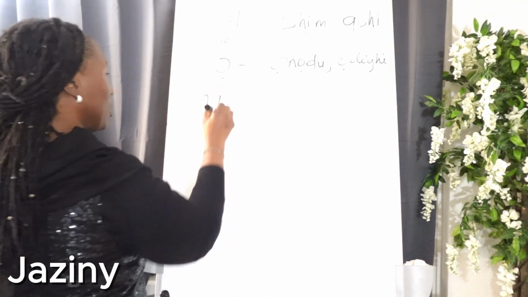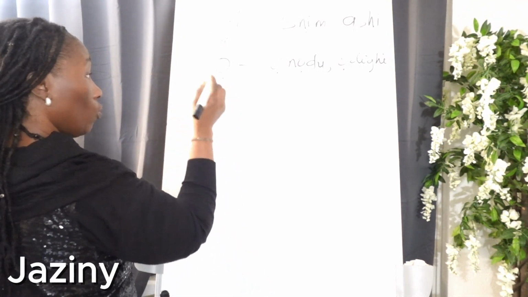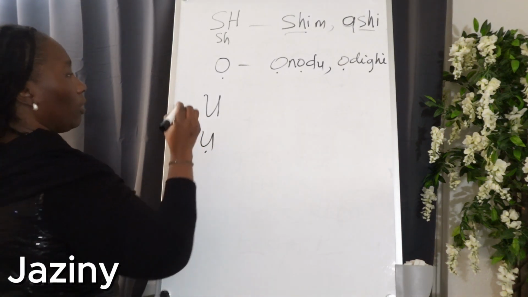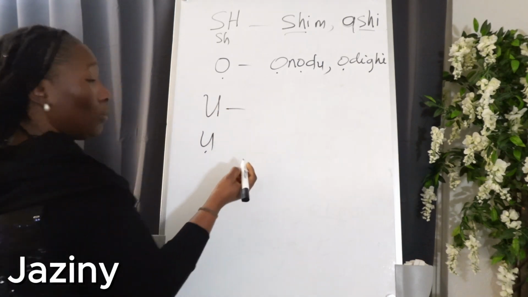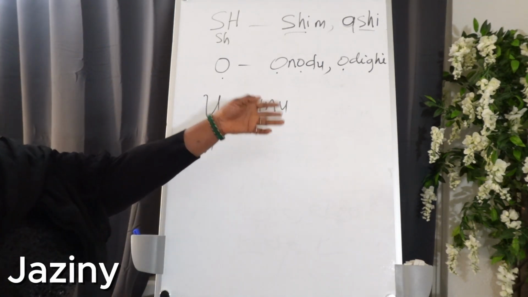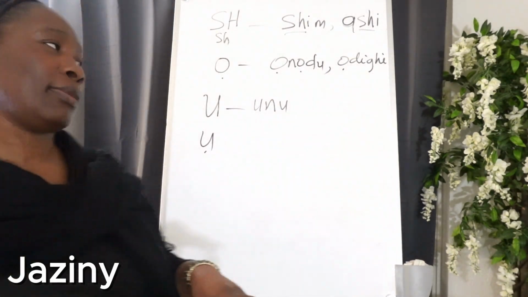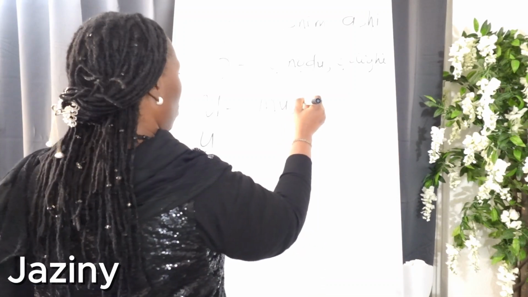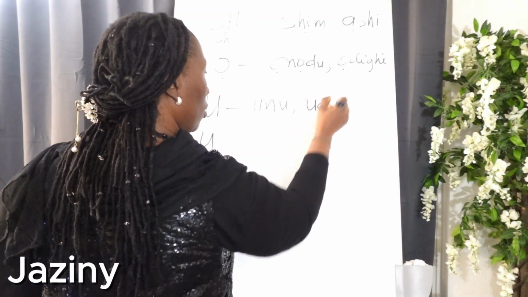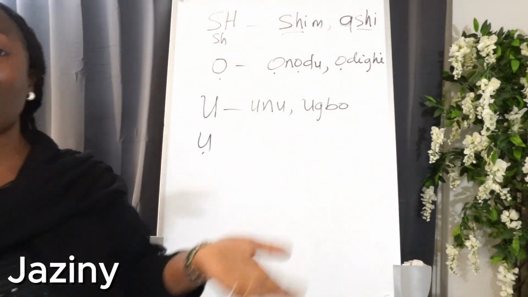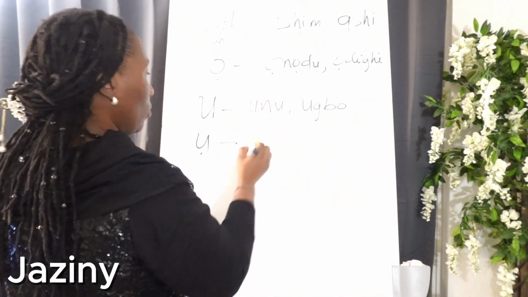Another unique letter is ụ. We have u, and we have ụ, we have ọ. The u, you will see examples in unu. There is no dot on that. Unu means you people. You will see another example in ubo. Ubo means farmland or farm. In this case, you will see ụlọ.